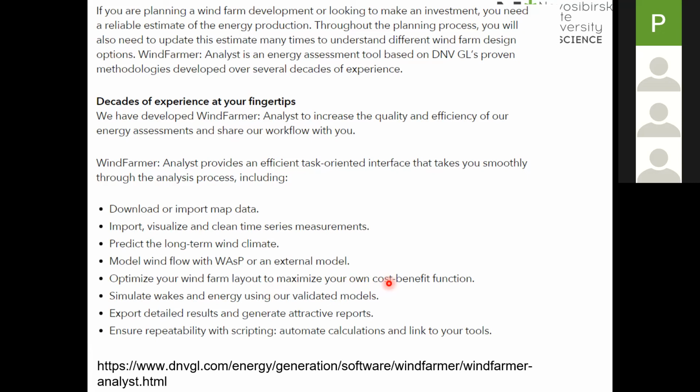But of course, there are other constraints on that as well, like the further the wind turbines are apart, the higher the electricity connection costs, and those sorts of things have to be explored. Now, this is not meant to be an advertisement for this particular piece of software. What it is meant to be is an indication of the detailed engineering and analysis that goes into actually developing a wind farm site.